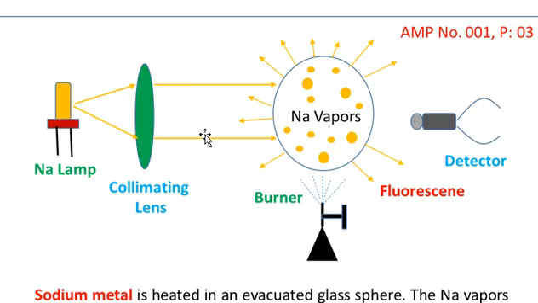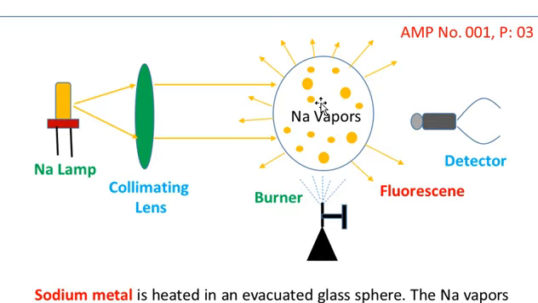This parallel beam passes through a glass chamber that contains sodium metal, which is heated using a burner. The burner provides heat to the glass chamber and ultimately to the sodium metal, which is converted into sodium vapor. I have shown the sodium vapors in the chamber.